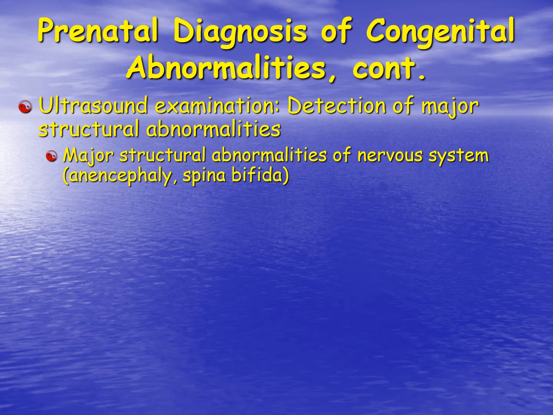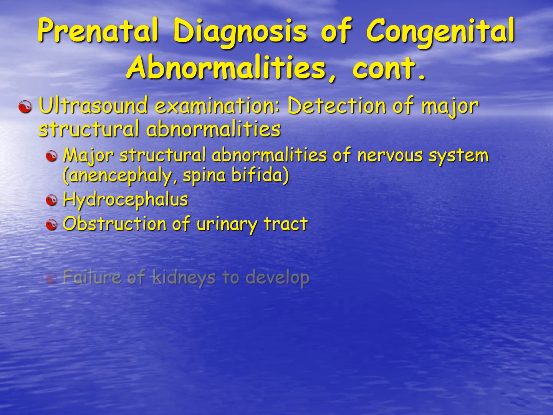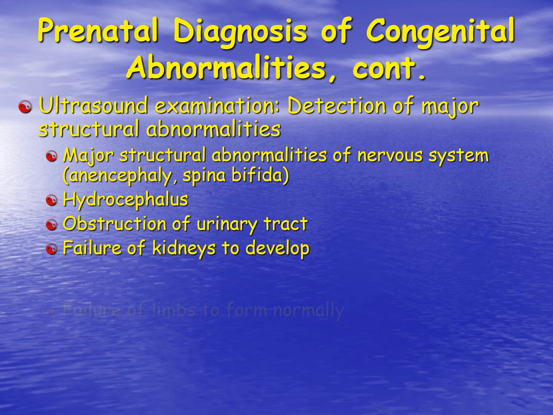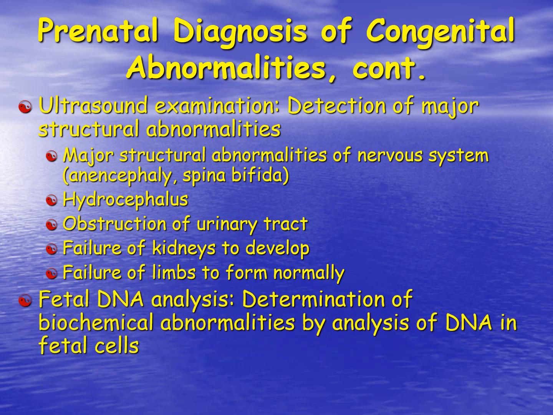Spina bifida is actually an opening due to failure of the spinous process to form correctly in the dorsal side of the vertebrae, leaving an opening, and that can actually open to the outside. Hydrocephalus, having too much cerebral spinal fluid within the ventricles of the brain. Obstruction of the urinary tract, failure of the kidneys to develop, failure of normal limb development.